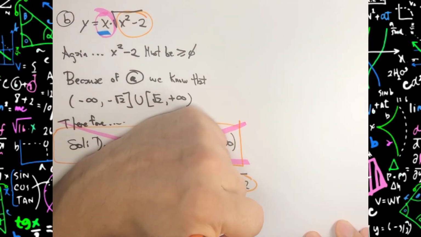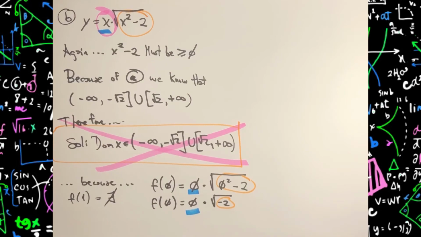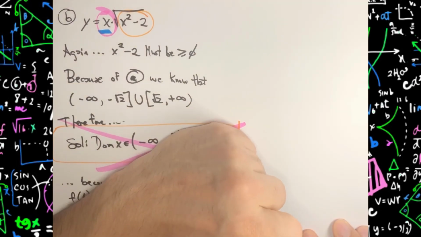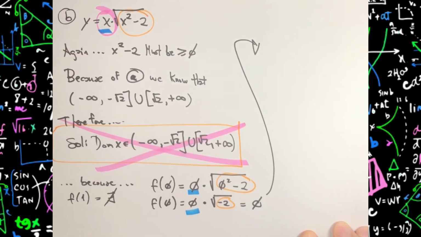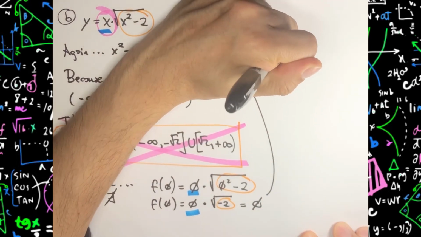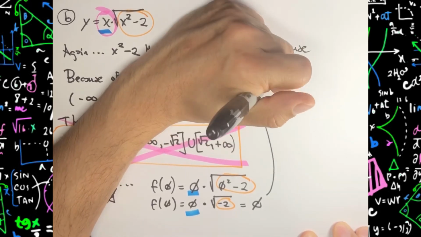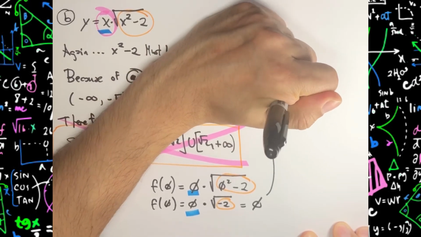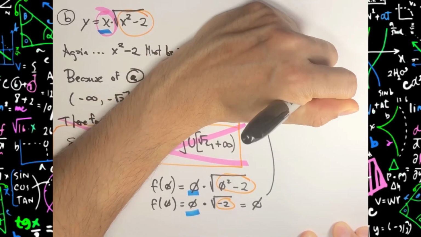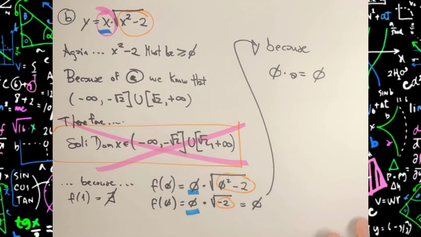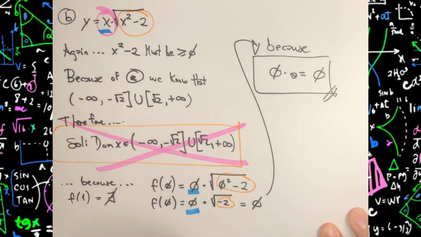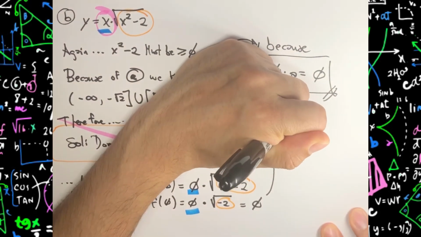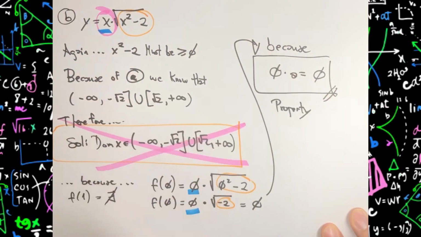We have a 0 thanks to the x multiplying the square root of negative 2. But that is 0. Why? Because of the property from arithmetic that says 0 multiplied by anything is equal to 0. That is a very well-known property. So in this case, 0 is going to be part of the solution of the domain, thanks to this property.